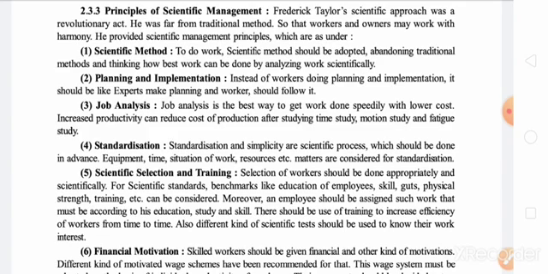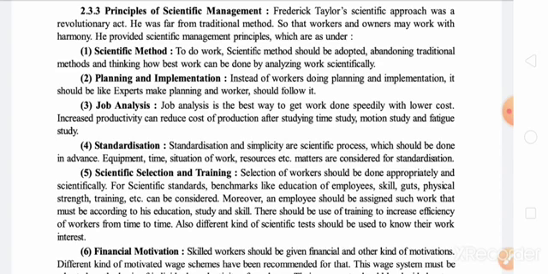Then fourth one is standardization. It is a standardizing and simplifying process. It means there should be some kind of standardization in terms of equipment, time, situation of work, resources, etc. These are the matters which are considered for standardization, and in which we have taken the example of tea for 3 or 4 people.